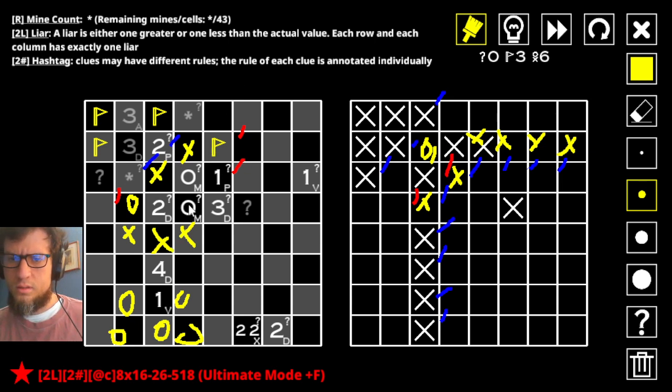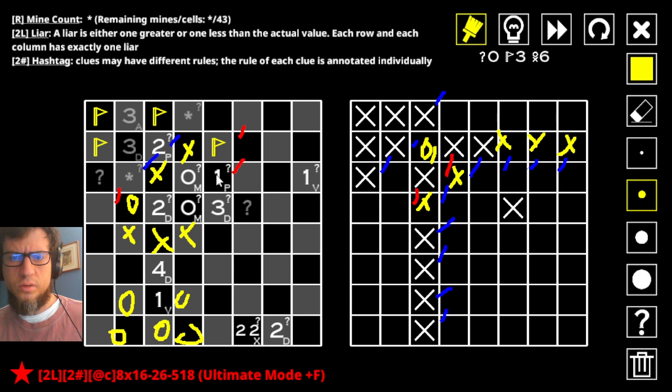Then... if you are lying, then both of these are mines, I guess. But if you're lying, then that... Wait. Oh, wait, this can't be lying in this case, right? Because if it is, it has 1 and square root of 2 next to it.